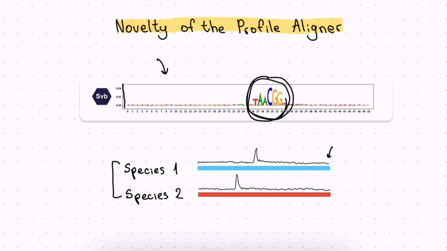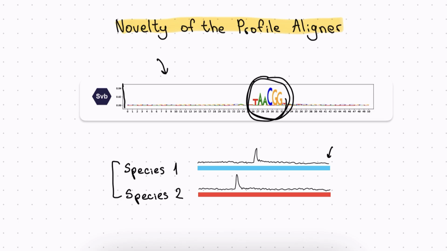And we want to answer the question: does integrating the functional importance data, in other words, the binding profiles, help the alignment? We know that motifs are less likely to be mutated throughout evolution, and in theory, this information can help us anchor the alignment by attempting to align the peaks.